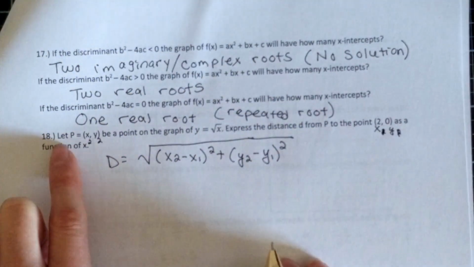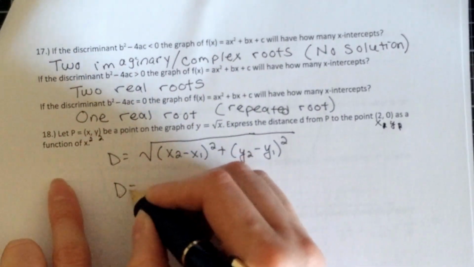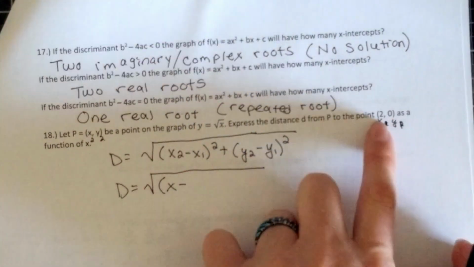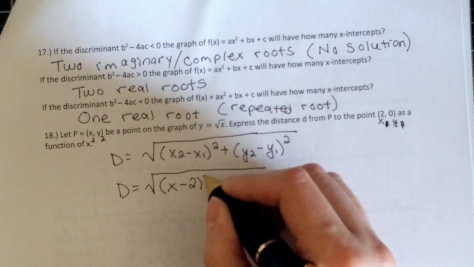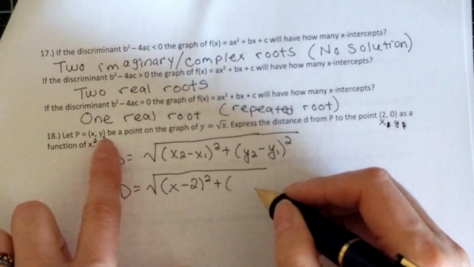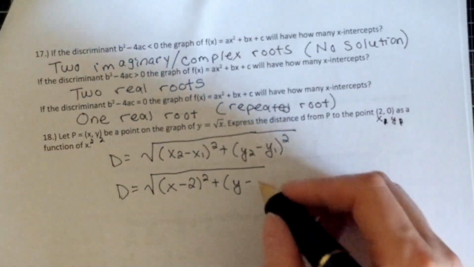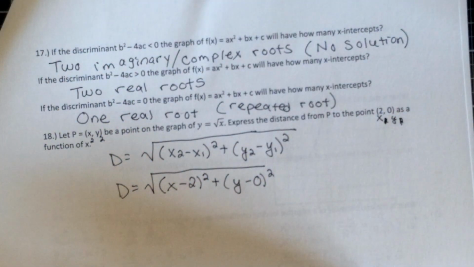So what we want to do is keep these ones to go first. This is going to be x minus, your x over here would be 2, squared, plus your y coordinate would be y, minus your y1 over here is 0, squared.